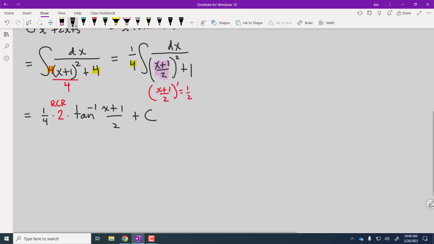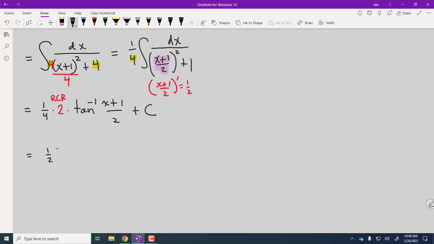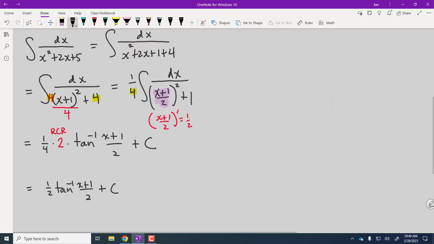So let's simplify this. This is going to be 1/2 inverse tangent of x plus 1 over 2 plus c. Okay, let's go back up then. So half arctan of x plus 1 over 2.